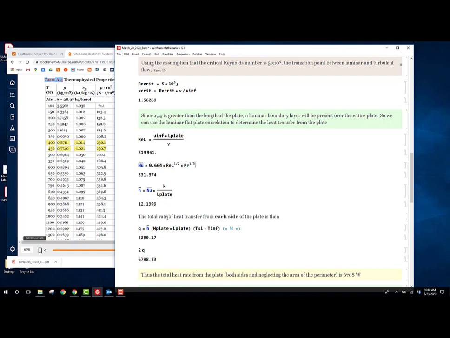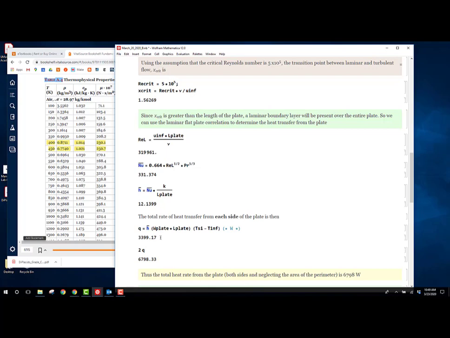And then the total rate of heat transfer from each side of the plate, right? This plate has two sides, but this Nusselt number correlation is only for a boundary layer on one side of the plate. So from one side of the plate, h bar times the width of the plate times the length of the plate times the temperature differential is 3,399 watts.